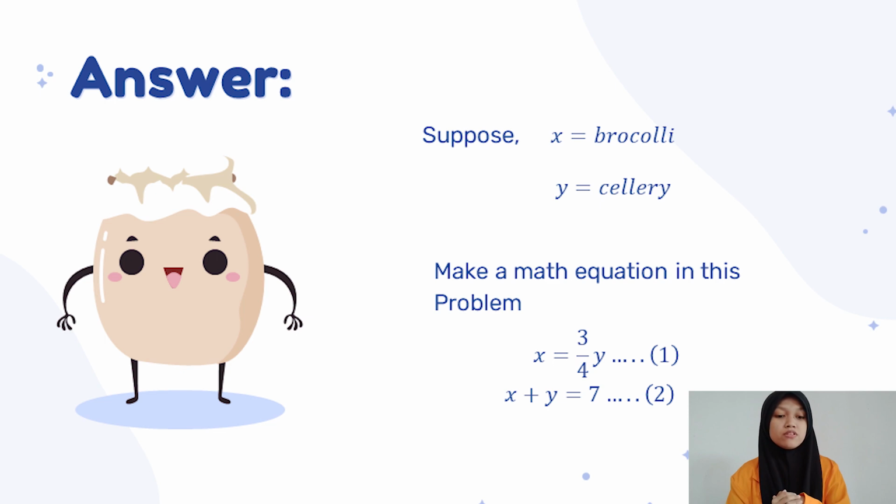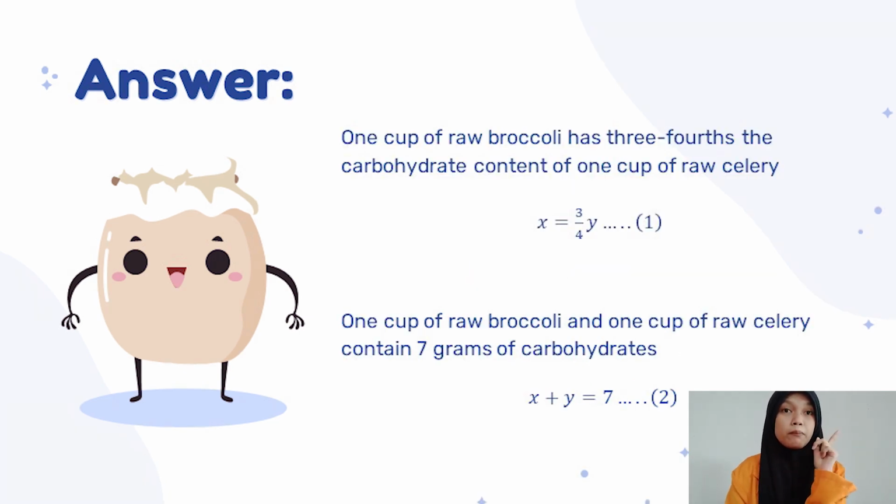Okay, we can suppose x is broccoli and y is celery. And next, we can make a math equation for this problem. 1 cup of raw broccoli has 3/4 the carbohydrate content of 1 cup of raw celery.